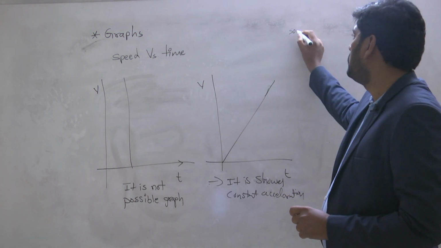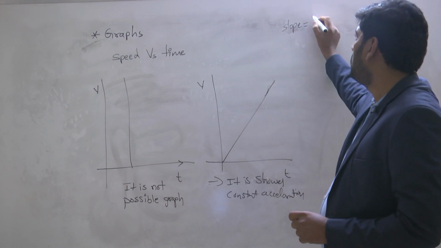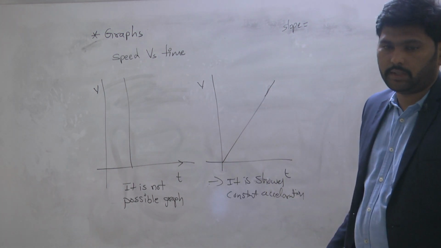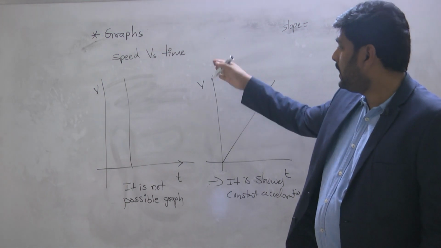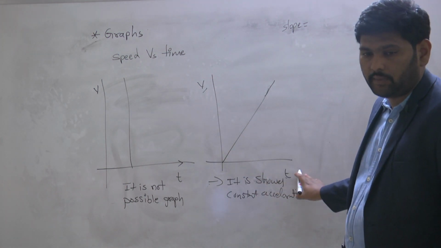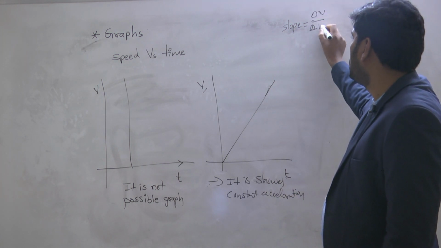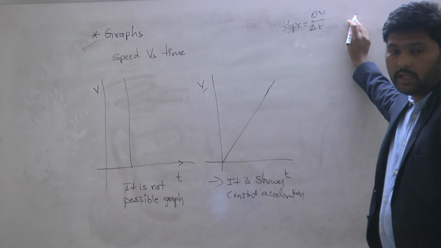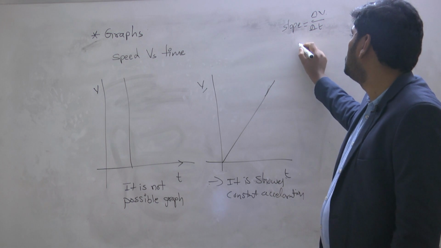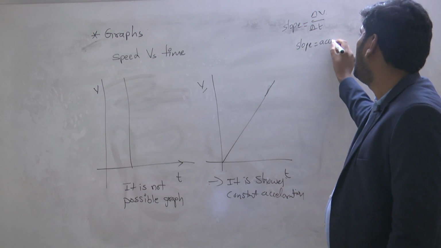Slope is nothing but the y axis component by the x axis component. Along the y direction we have speed, along the x direction we have time, which means delta v by delta t. Generally delta v by delta t represents acceleration, since the slope represents acceleration.